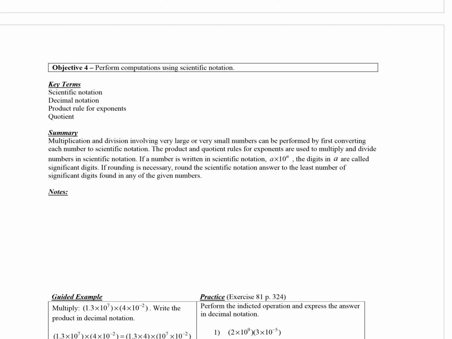A lot of people think that if I want to multiply by another scientific notation, I have to evaluate each one to decimal form and then multiply the decimals. No. You can leave it as scientific notations.